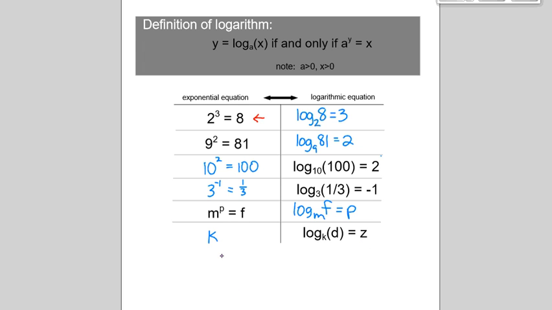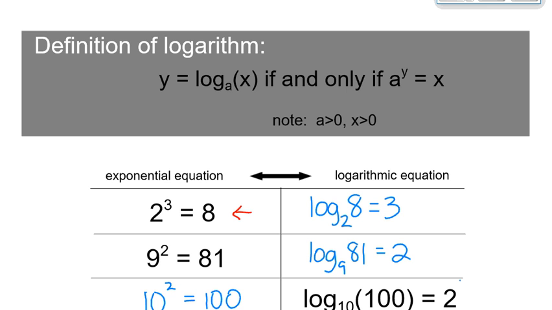The z. What will that give me? The thing in parentheses, d. So the key to understanding logarithms is to understand this definition and be able to convert back and forth. When you see a logarithm, identify the base, identify the power, and then work your way around like that.